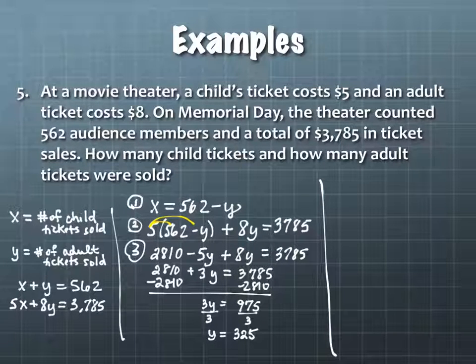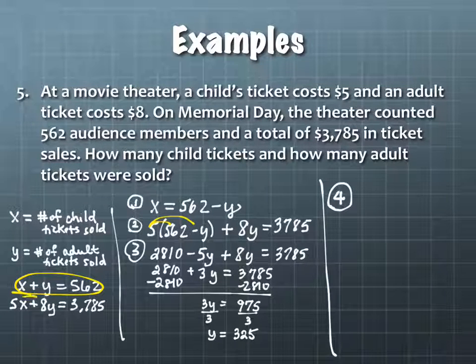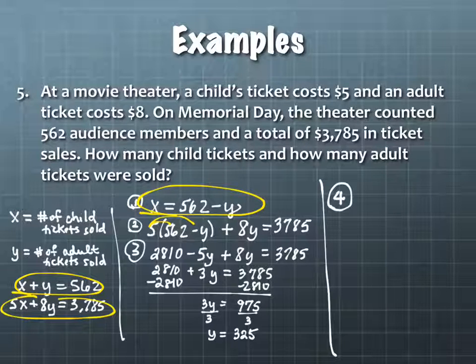So that was step 3. Step 4 is going to allow me to find the other quantity that I haven't found yet, the child tickets. What did it say to do on step 4? Put it back in. So put it back in to what? There are actually three locations where we could use it. They're all going to give the same answer. I could put it in here, here, or even here.